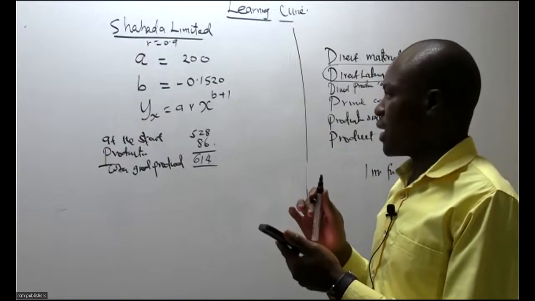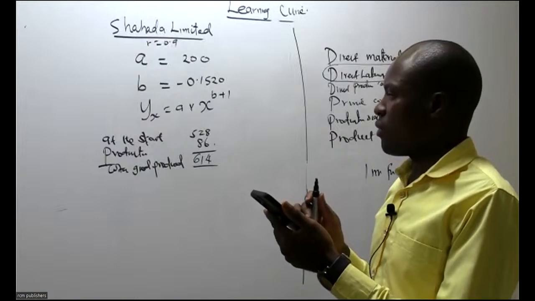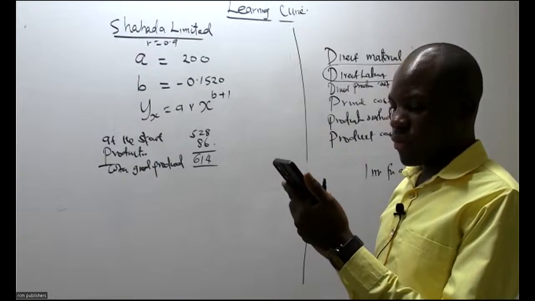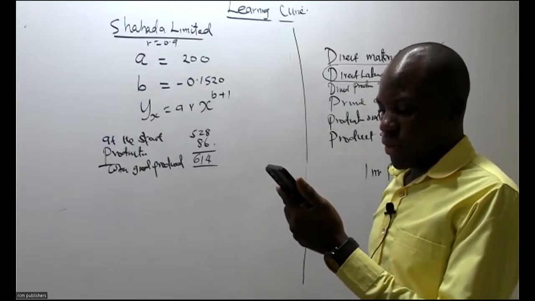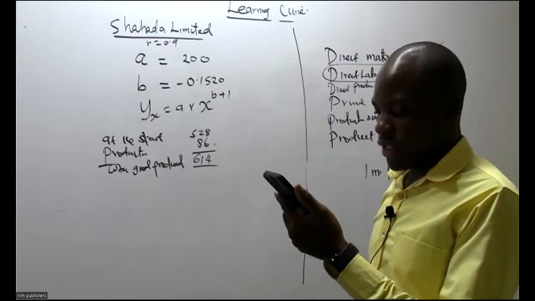Now, what are we lacking here? We need to get, so we are being told the following information relates to the previous period's production. We have production during the period.